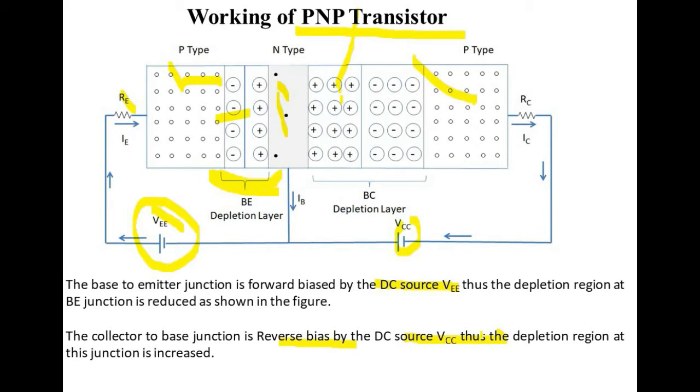This VCC is making this PN junction reverse biased, and because this junction is in reverse bias, the depletion region at the junction is increased. Here we say this is the increased depletion layer.